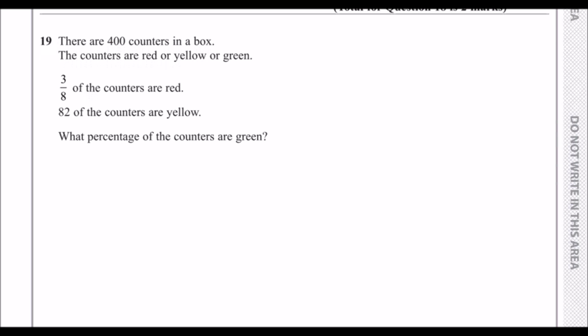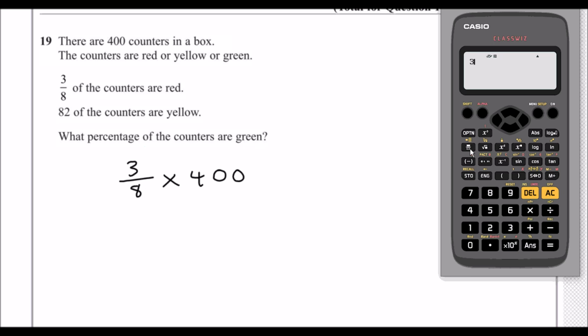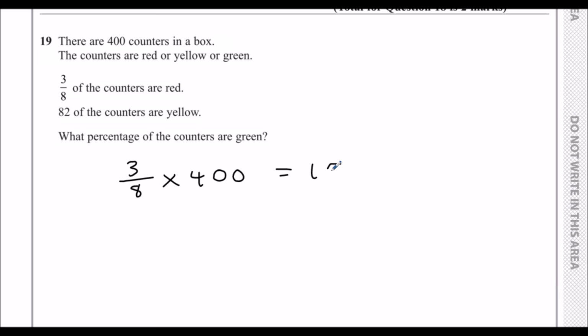Question 19. There are 400 counters in a box. The counters are red or yellow or green. 3 eighths are red. Let's work that out. So 3 eighths of, so times 400. 3 eighths of 400 is 150. So that's red. 82 are yellow.